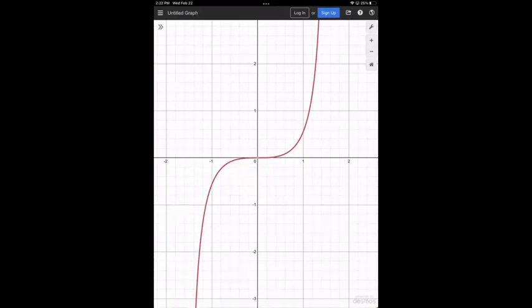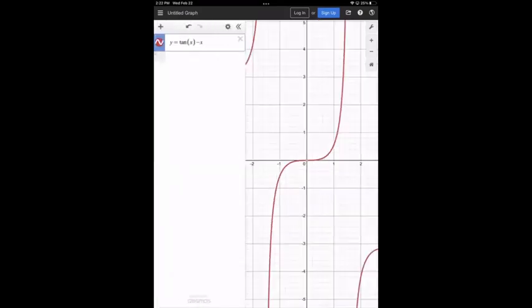And there it is. Remember, all we graphed was the difference of our actual function, tangent of x, minus the linearization that we're using. And then we just look for the y values that are less than 0.1 and greater than negative 0.1. So that's really all there is to it.